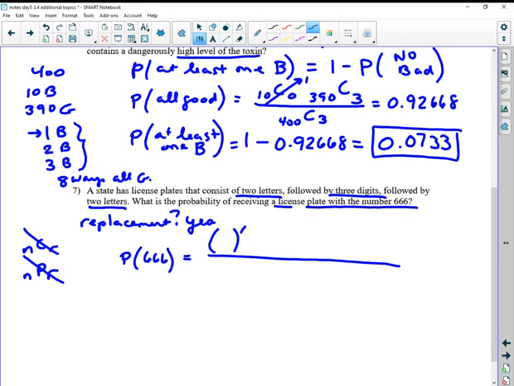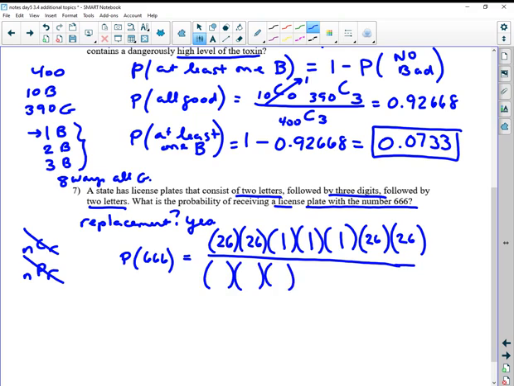Let's see, 2 letters followed by 3 numbers followed by 2 letters. So that first letter, another letter, but now we have to have a 6, and a 6, and a 6, but then we have letters again, 26, 26. So over the ways that we could have this exact same license plate, if we're not going to limit it to certain numbers, there's going to be a lot of canceling on these 26.